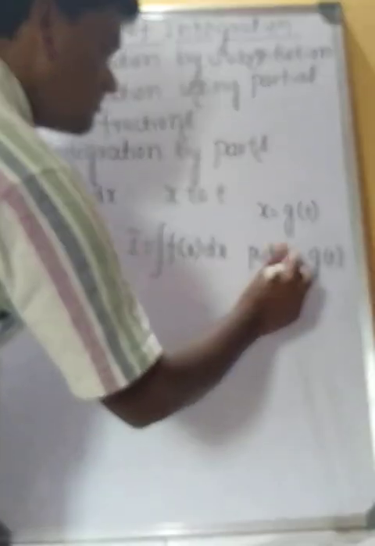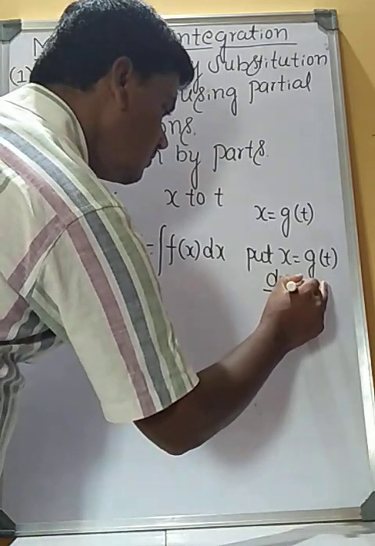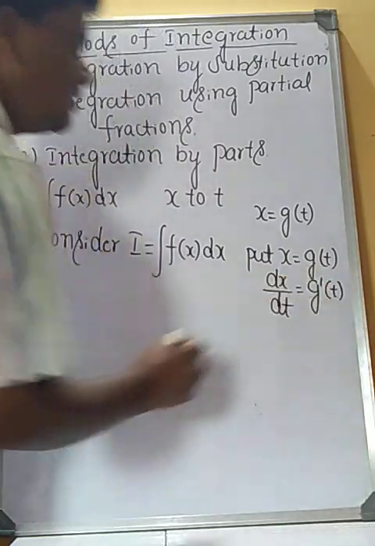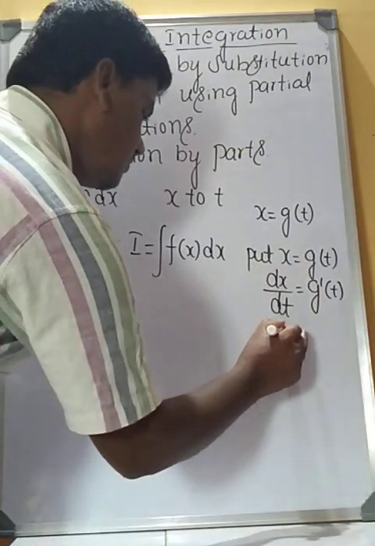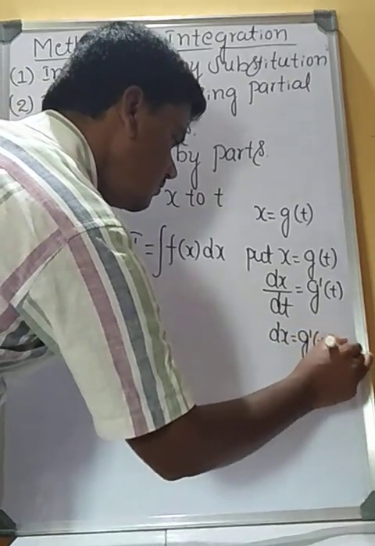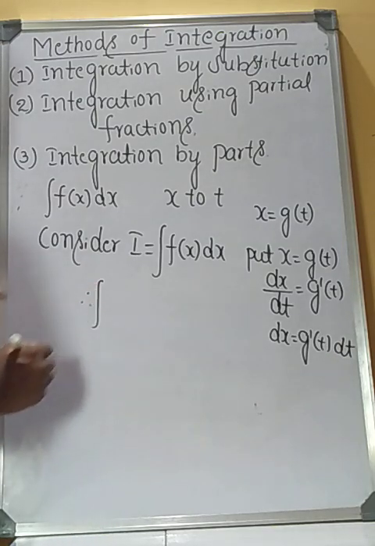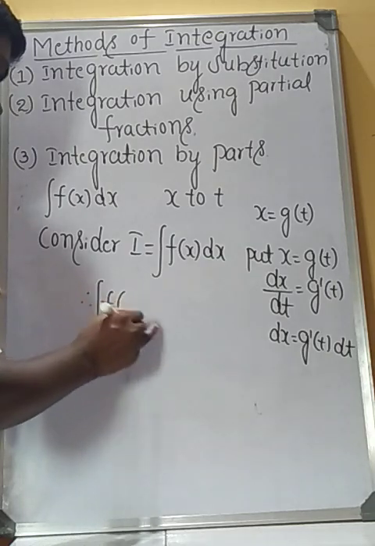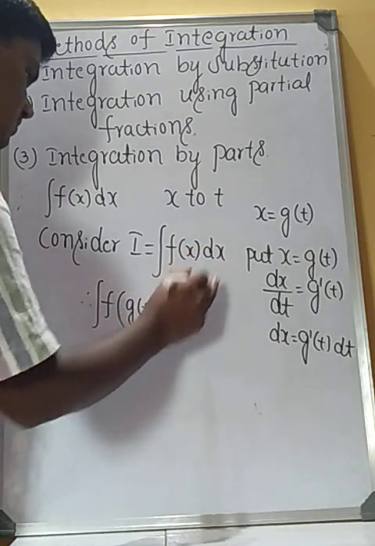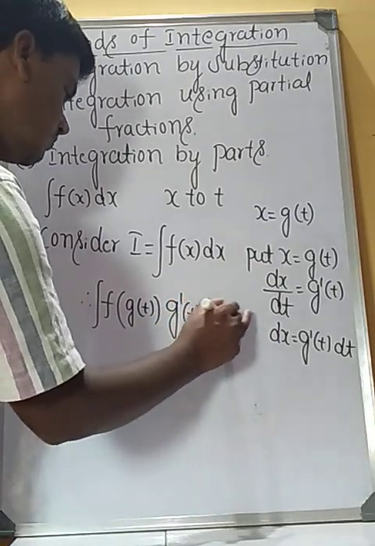Now differentiate with respect to t. dx by dt is equal to g dash of t. Therefore, dx is equal to g dash of t into dt. Therefore, I is equal to the integral of f of x, where x is g of t, into dx, which is g dash of t into dt.